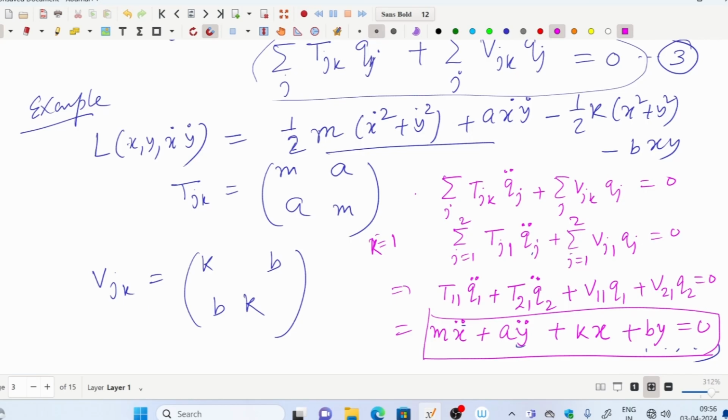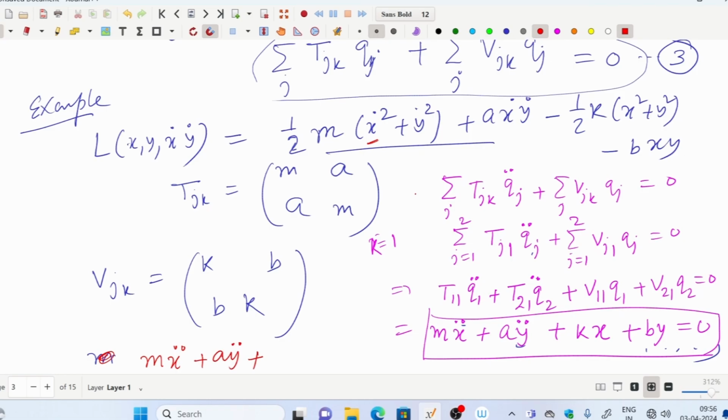So directly from the Lagrangian, if you calculate this equation for the x variable, you will get m x double dot from the first term, then the x dot derivative gives a y double dot.